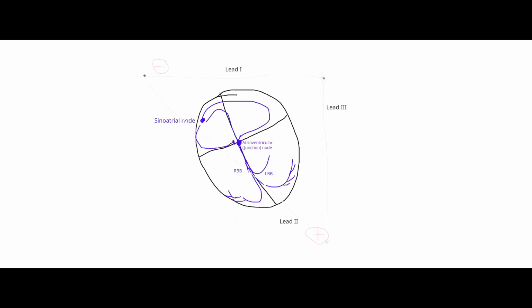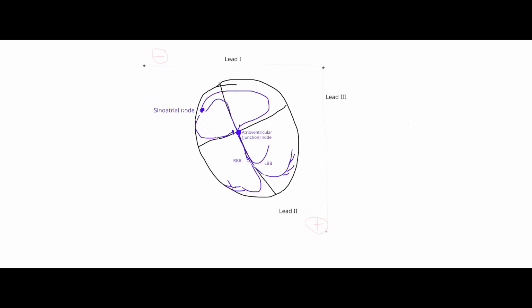Now, if we are using precordial leads, and precordial leads are those that we put when there's a 12 lead, okay? Well, the precordial are the ones on the chest, okay? And then you have the 4 for the extremities, right? So the precordial leads basically measure or look at the ventricle, okay?